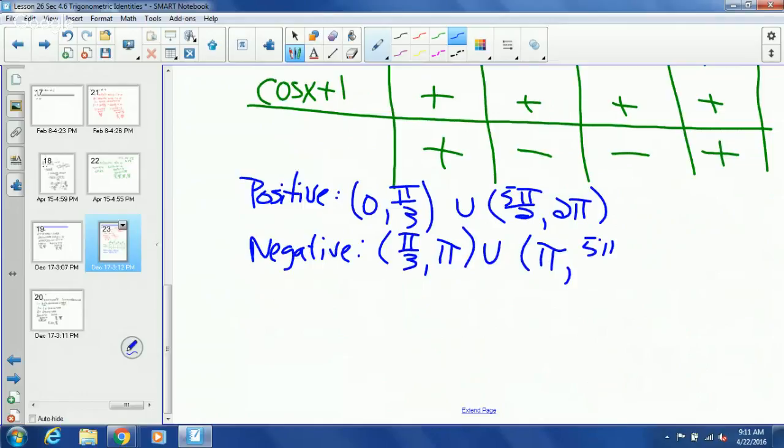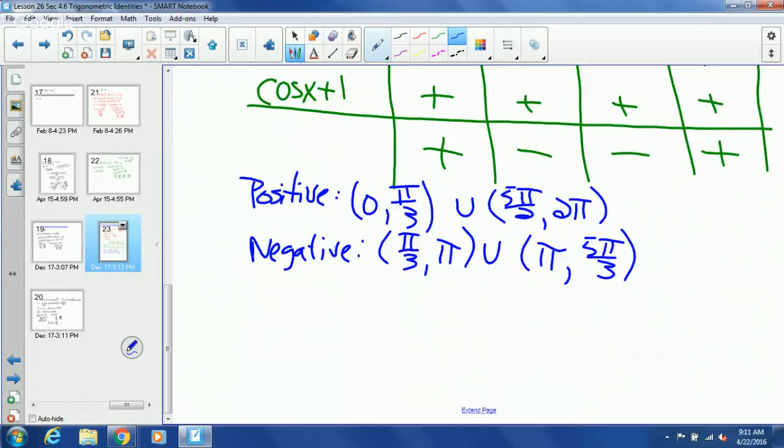So why can't you just do pi over 3 to 5 pi over 3? Why can't you have that combined in the notation? Why is pi not included?